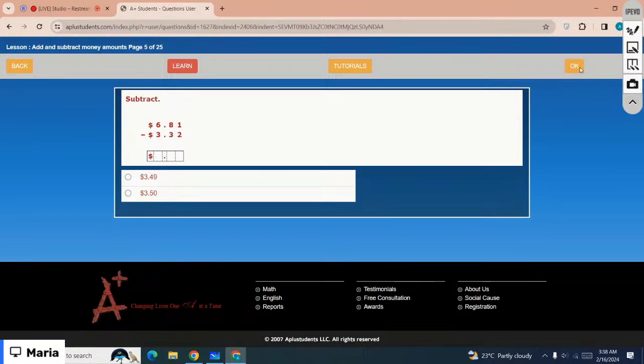The next one is 6.81 minus 3.32. Which is the correct option? That is option number 1, $3.49. Option number 1 is the correct option.